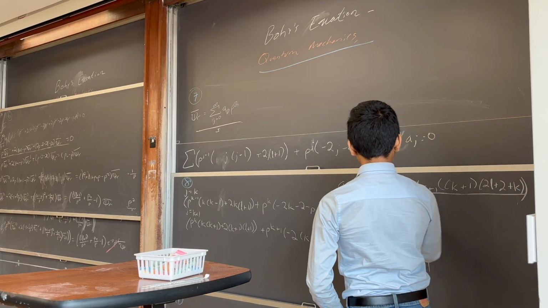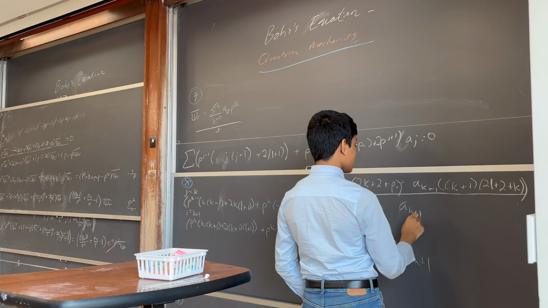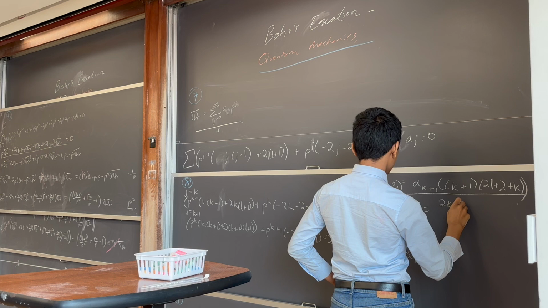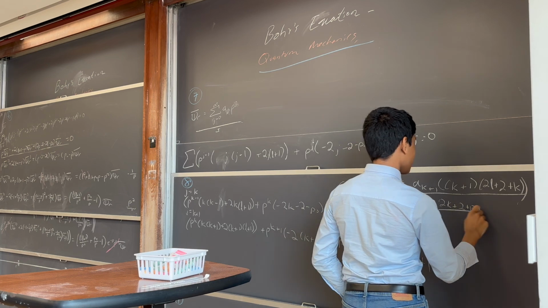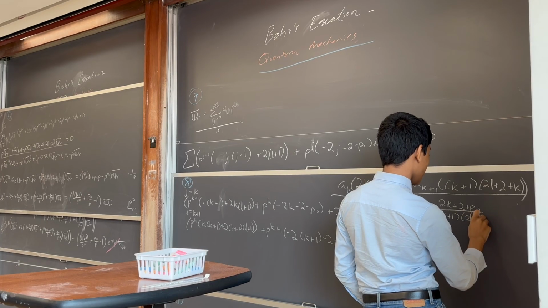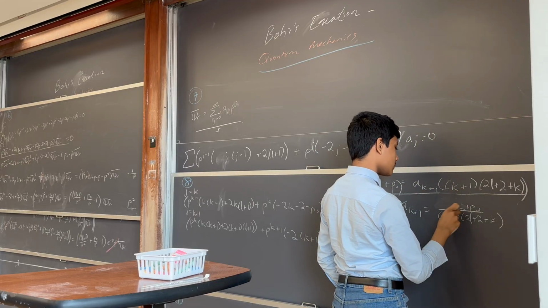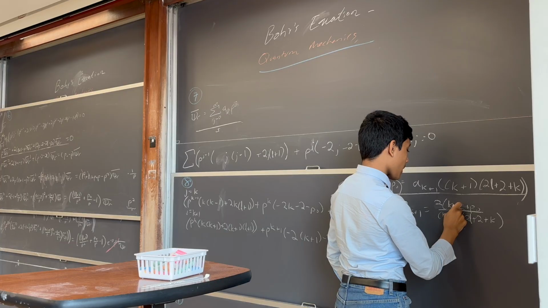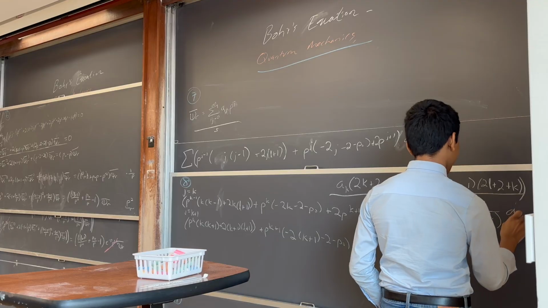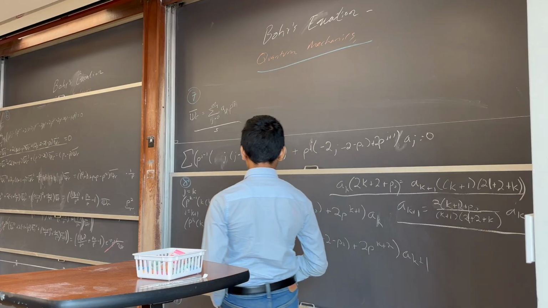So, since this has to be true, that means ak plus 1 has to be equal to 2k plus 2 plus rho naught divided by k plus 1 times 2l plus 2 plus k, ak. So that's the kind of relation that we want.